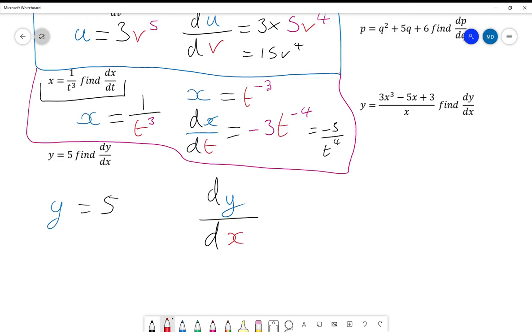Well, the trick is to think of this as 5 times 1, which is of course entirely correct. 5 times 1 is 5. I haven't changed anything there. I haven't made anything untrue. But then remember that x to the power of 0 equals 1. And so I'm going to rewrite that 1 as x to the power of 0. So this is actually y is equal to 5 x to the power 0.